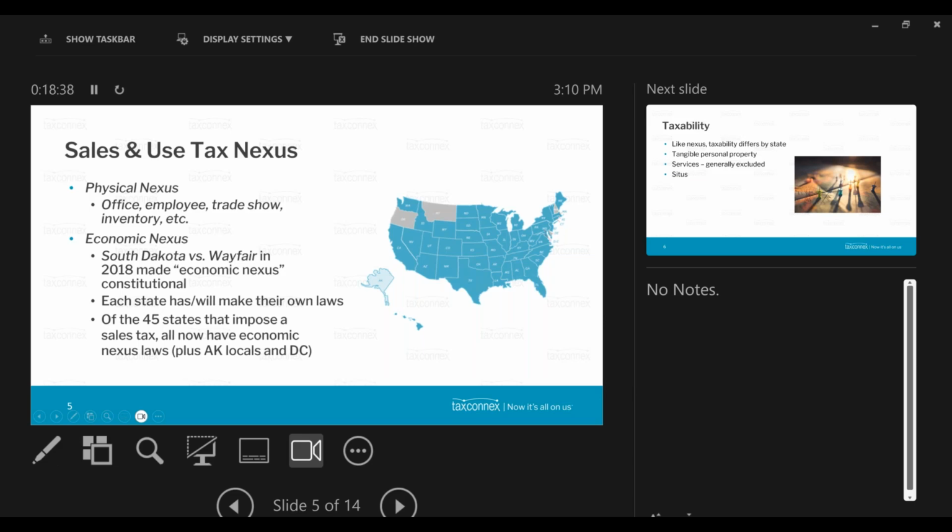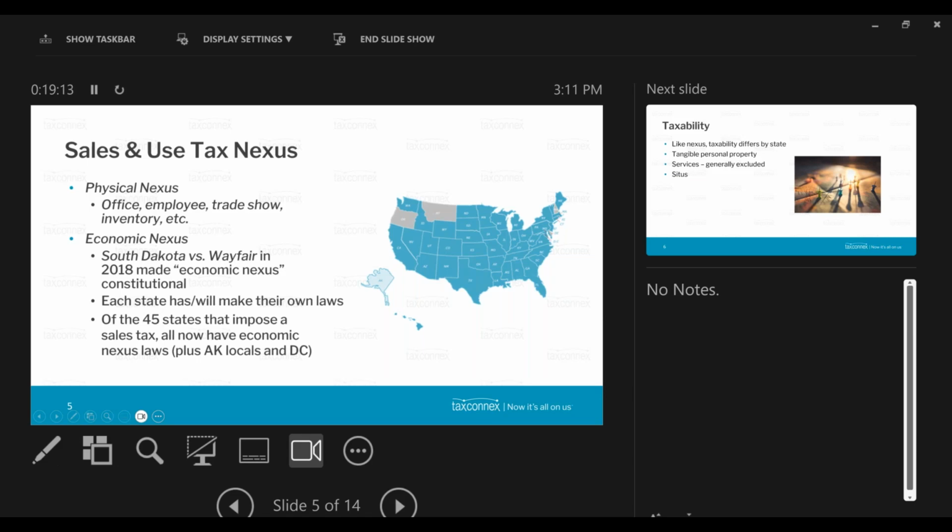It started in the state of South Dakota, who legislated an economic standard and basically required companies who have a certain level of revenue, in this case $100,000 in revenue during a 12-month period or a calendar year, or had 200 transactions in that same 12-month period. If you had either one of those scenarios, you would have established nexus for sales and use tax purposes in South Dakota, and South Dakota could require you to follow and comply with their sales and use tax laws.